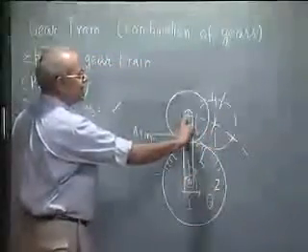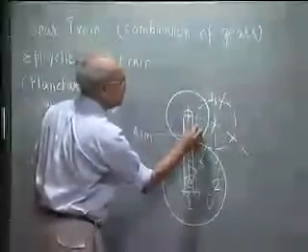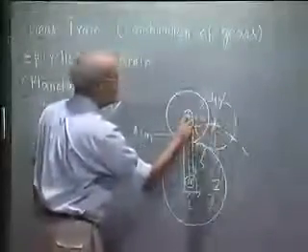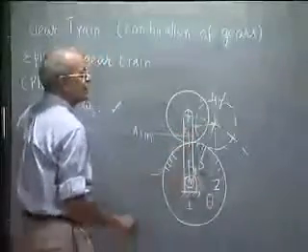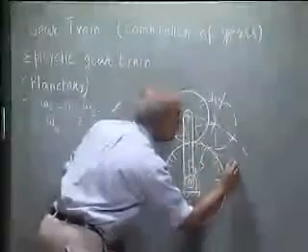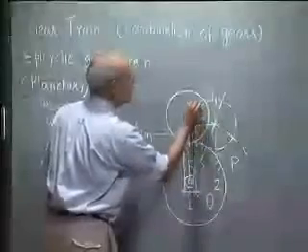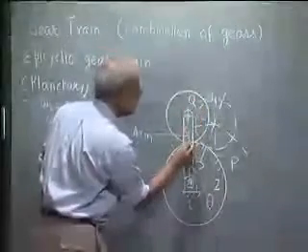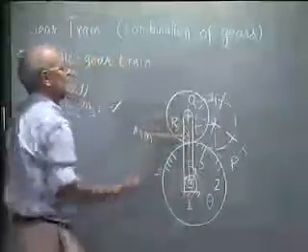Now this vertical radius, after the gear has rotated, has come here. This vertical radius has become this radius. So let me say this present contact point I call P, this point I call Q, and this original contact point I call R.